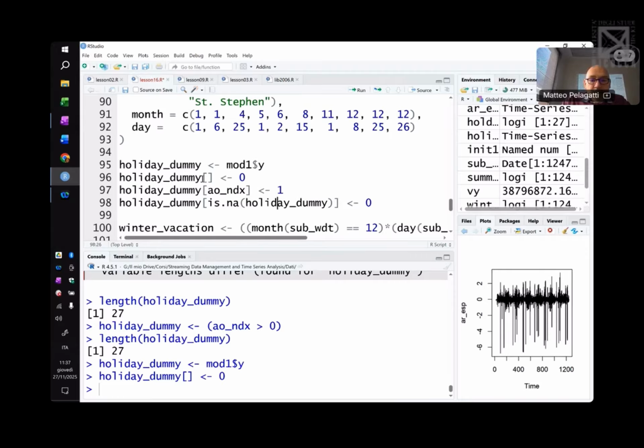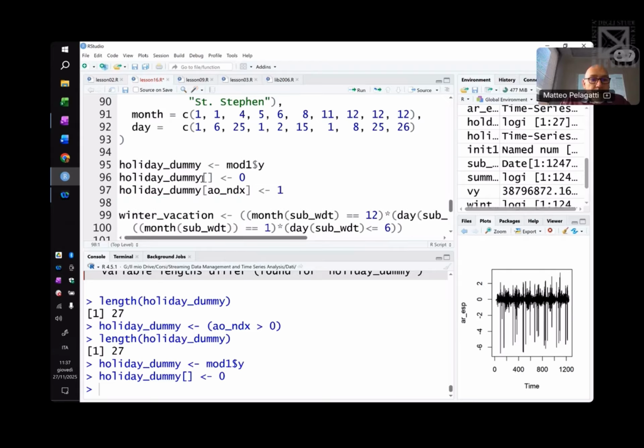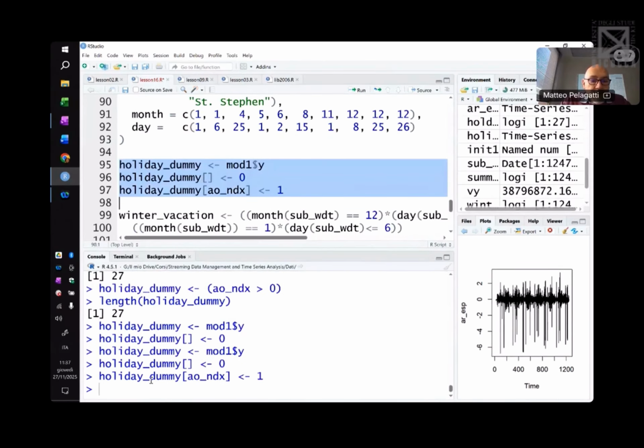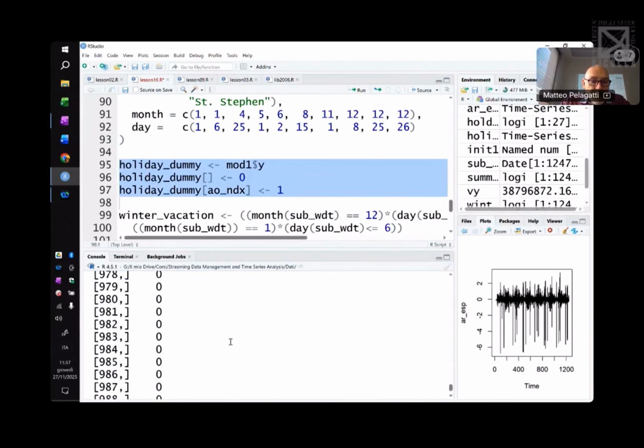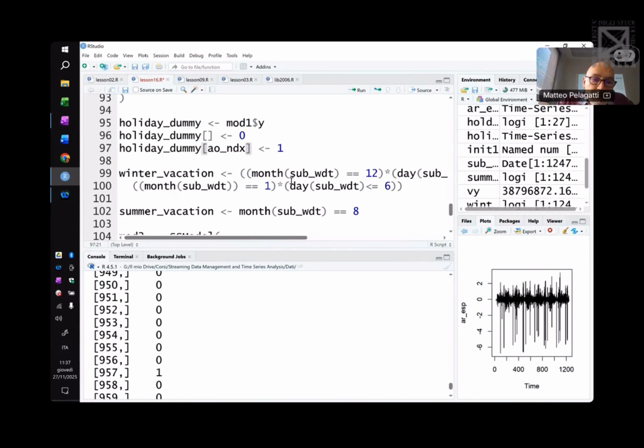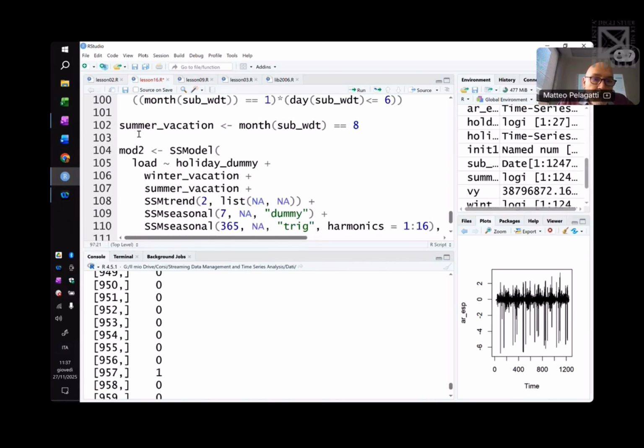Okay, this is a better way. Sorry, I was doing something stupid. Okay, this should be correct. You know, we have these some ones. So I don't know why I wrote those stupid things, but they were wrong.